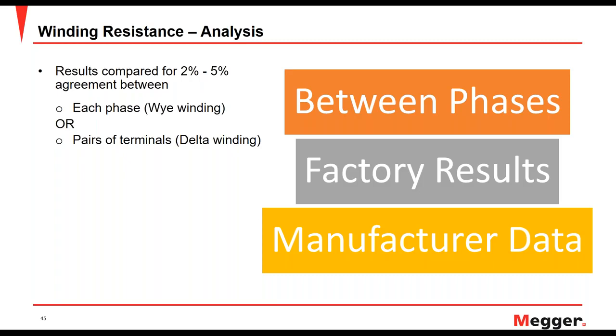Now, in cases where factory data is not available, you can go back to the manufacturer and discuss with them what could be typical values that you could see for winding resistance for a particular type of transformer design. Now, these comparisons are also made per phase, as we discussed. For Y windings, that comparison is made for each phase, and if you have delta windings, that comparison is made between a pair of terminals.